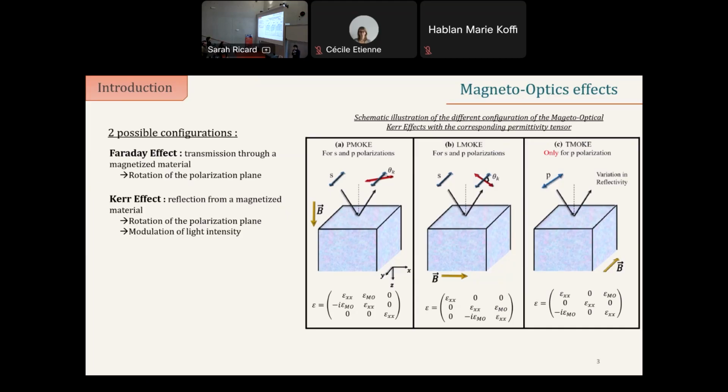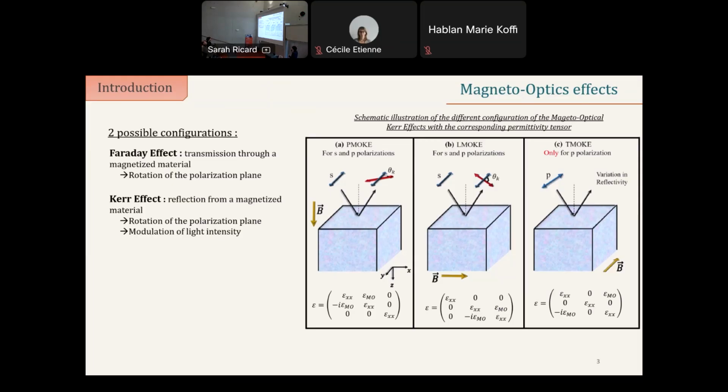We have three configurations: the polar configuration, the longitudinal one and the transverse one. Each time I have the corresponding permittivity tensor here. For this topic, I will be interested in the TMOKE configuration, the transverse magneto-optic Kerr effect.